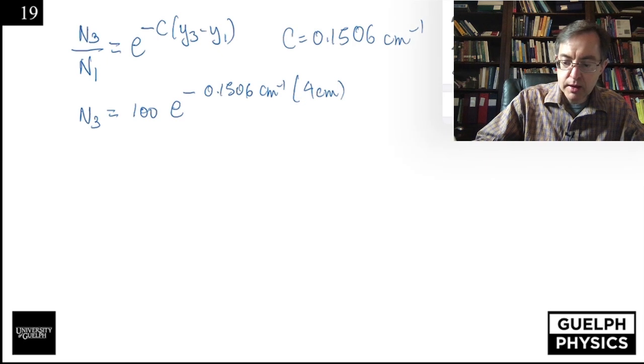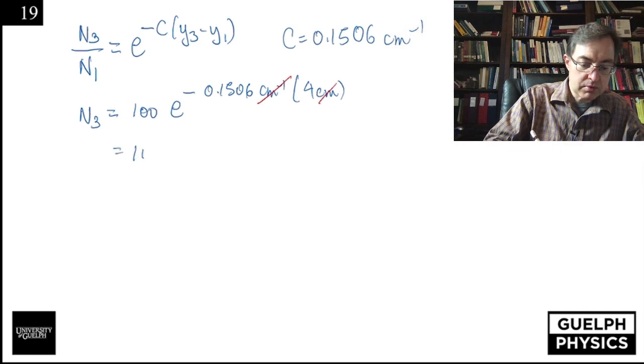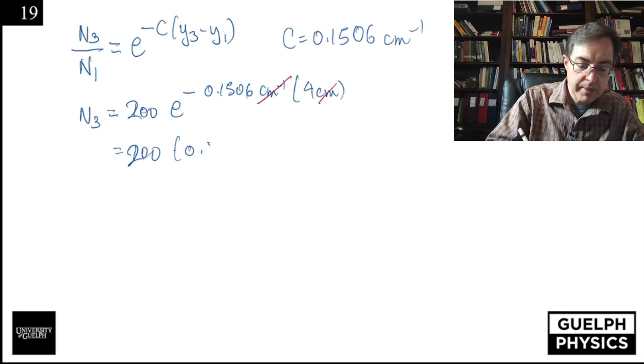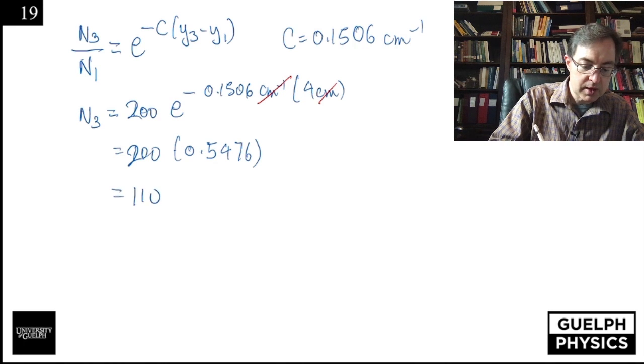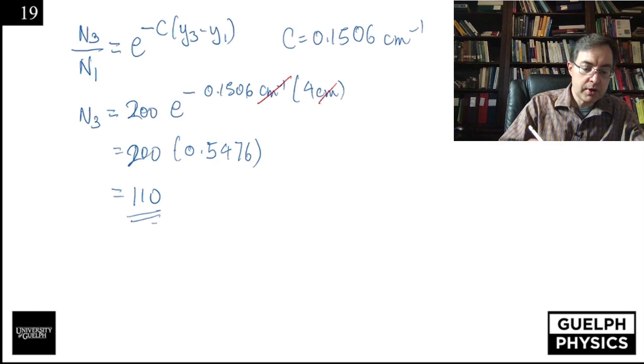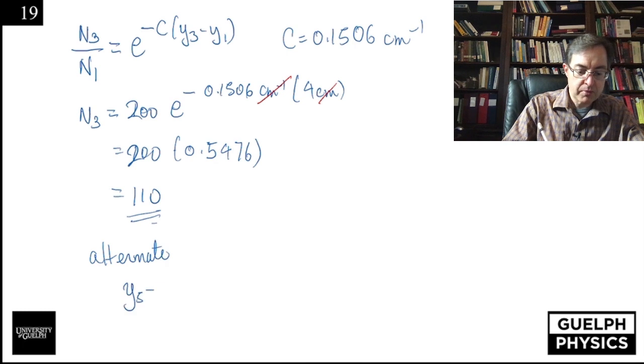So the centimeters cancel. e to the negative 0.1506 times 4 works out to be 0.5476, and this works out to be 110 particles.